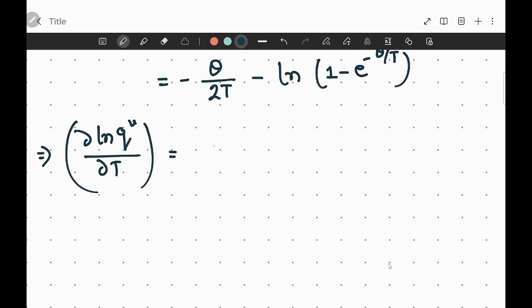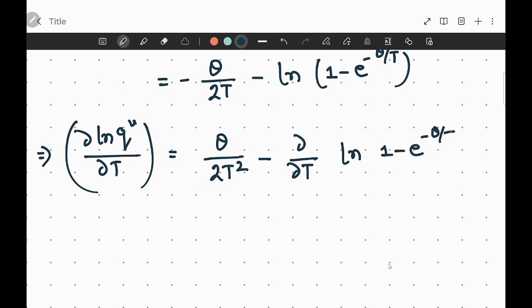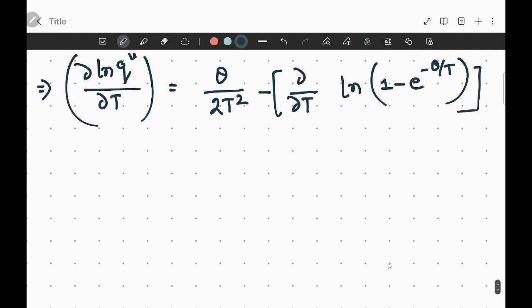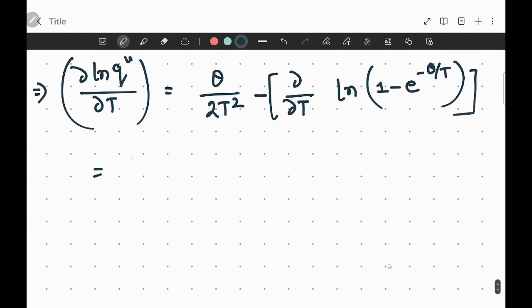So here it will obviously be theta by 2T square minus d by dT of ln 1 minus e to the power minus theta by T.